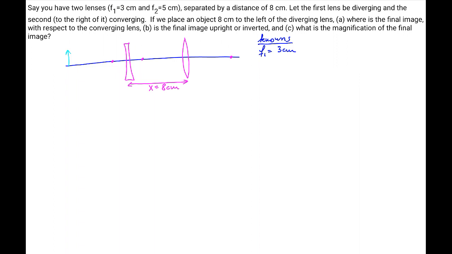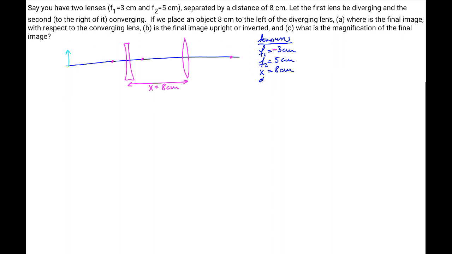So that makes the focal length negative. Then focal length 2 for the converging lens is 5 centimeters. And since it's converging, the focal length should be positive. Then the two lenses are separated by a distance x of 8 centimeters.